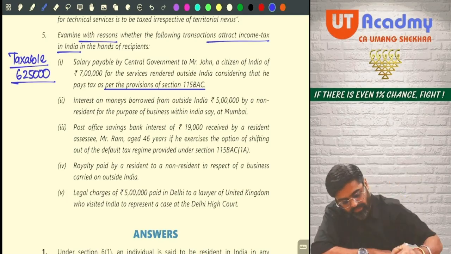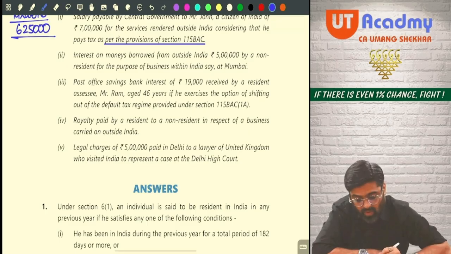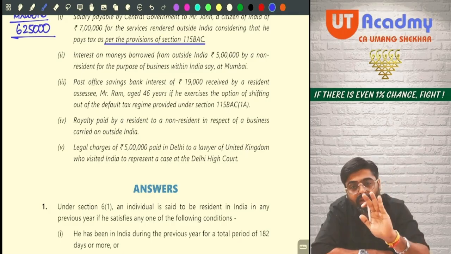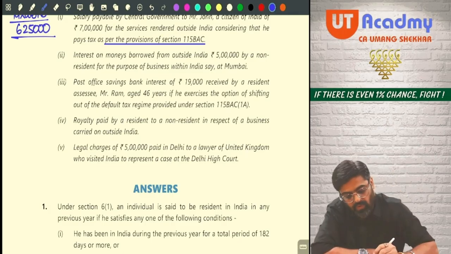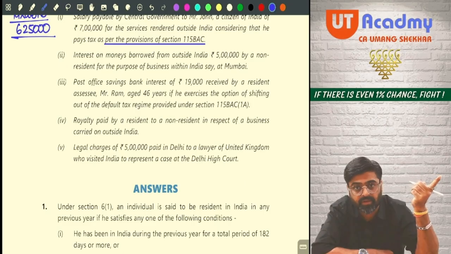Okay. Next one. Interest on monies borrowed from outside India, 5 lakh, by a non-resident for the purpose of business within India, say at Mumbai. You are an assessee. Interest on money borrowed from outside India by a non-resident.